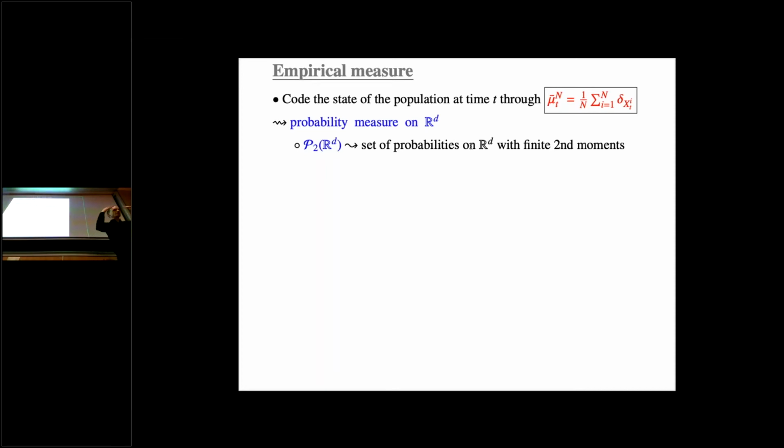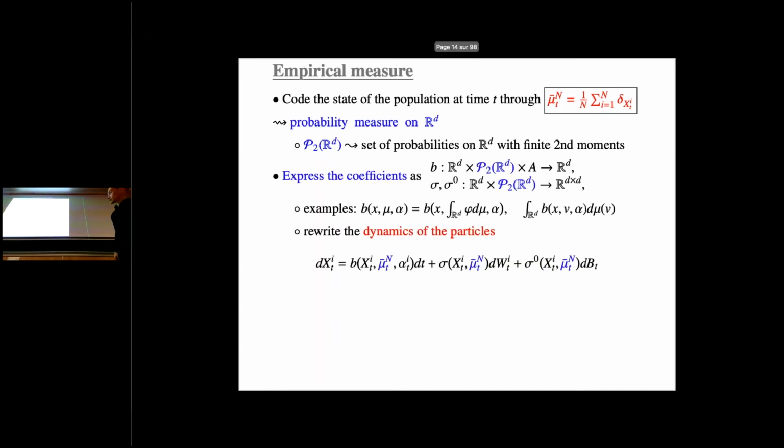So if you think of a random variable that is associated with a probability measure in P2, it means that the square is integrable. This is very convenient from a mathematical point of view, not only for control, but also for the analysis of the space of probability measures. I'm going to speak about this in the afternoon. And this is very convenient to have a square integrability property. This is technical, but useful from a mathematical point of view.